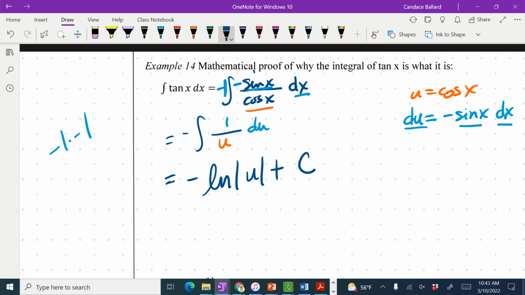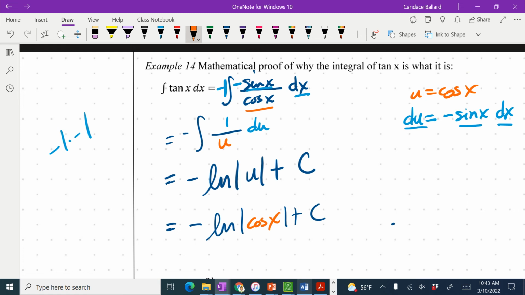If you don't know that one after doing it like 4 times now, you need to make sure you got it. Okay, it's going to come up a lot. It's one of their favorites. They like natural log. Okay, negative natural log absolute value. I'm going to go ahead and plug in the u, which was cosine of x. If we went back a couple pages in your notes, that's what we wrote down. So the integral of tangent is negative natural log of cosine of x plus c.